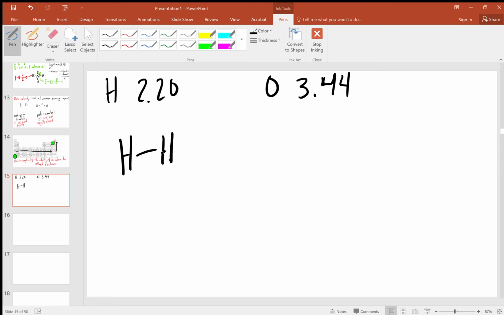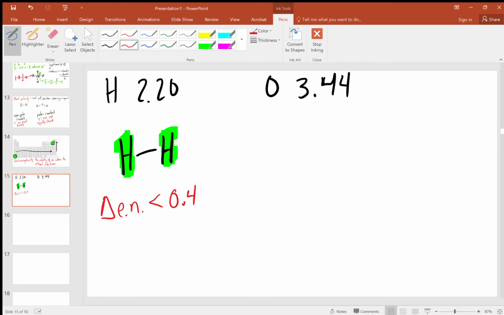So if we look at H2, clearly we have the same atom bonded to itself. It's two hydrogens. And so what we would consider is what is the difference in electronegativity between the two elements. As long as that difference is small, usually less than 0.4, although you may see this reported as 0.3 or 0.5, it isn't a hard, fast boundary on this number. It's just kind of a general range.